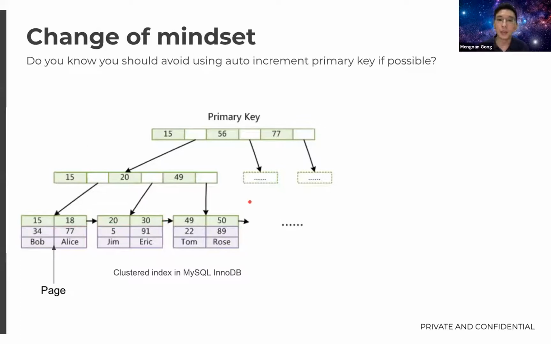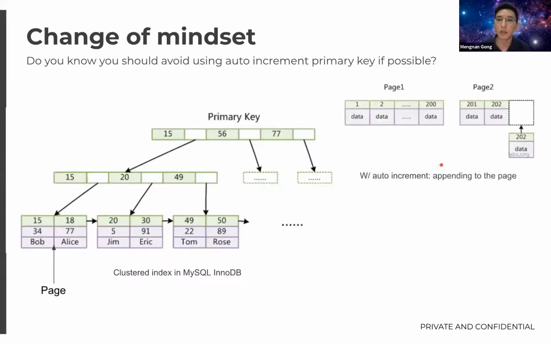Let's take a look at what happens with an auto increment primary key. You have a lot of pages and you just need to append. If there is not enough space, you get a new page and keep appending, and it's quite cheap because it's all sequential.